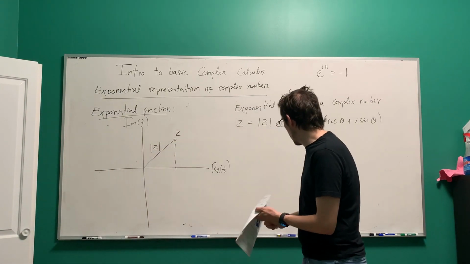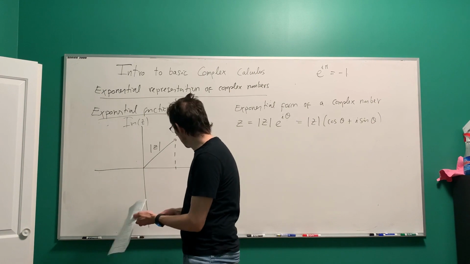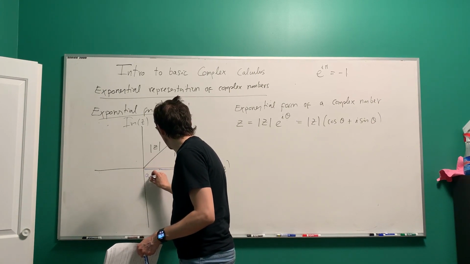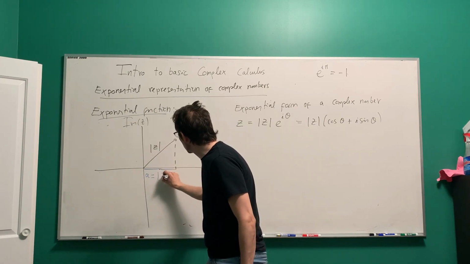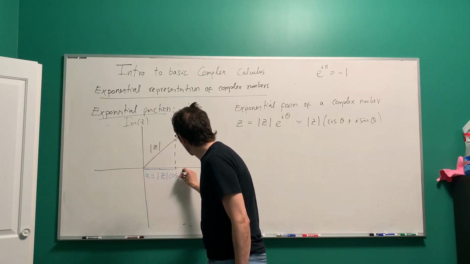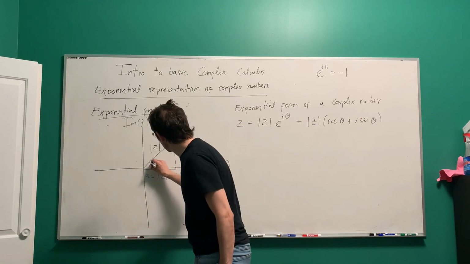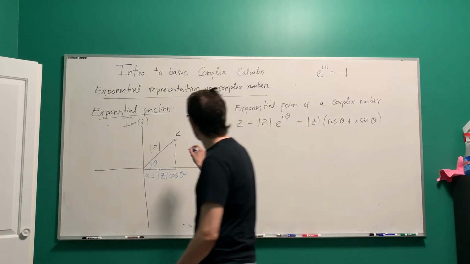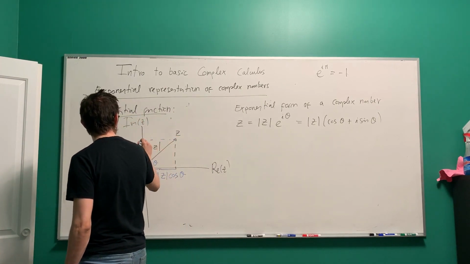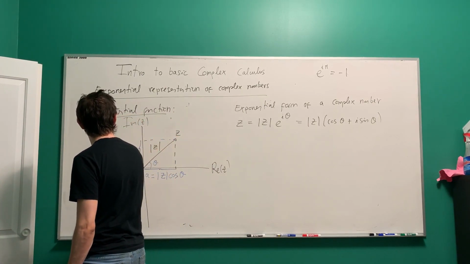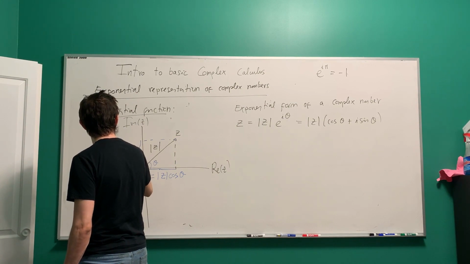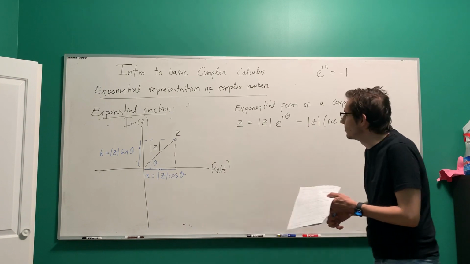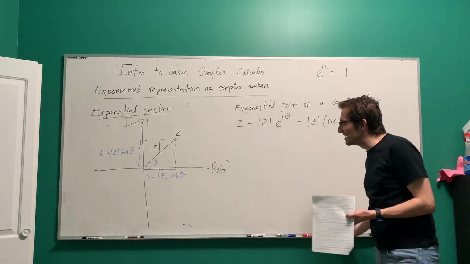And remember, this was a, but a, of course, in trigonometry is just |z| cosine theta, where theta is this angle. And the same goes for b here. This is b, but b is, of course, |z| sine theta. It's just trigonometry.